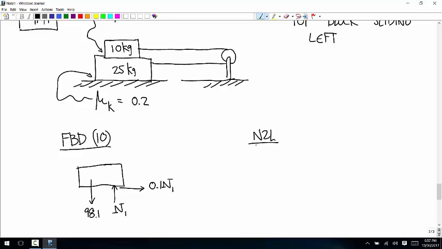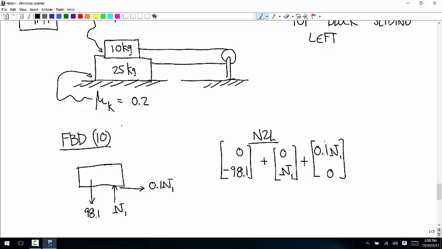So Newton's second law says 0, negative 98.1 plus 0 N1 plus 0.1 N1, 0, is equal to the mass times the acceleration, and this thing can only slide parallel to the x-axis, so I'll write it like that.